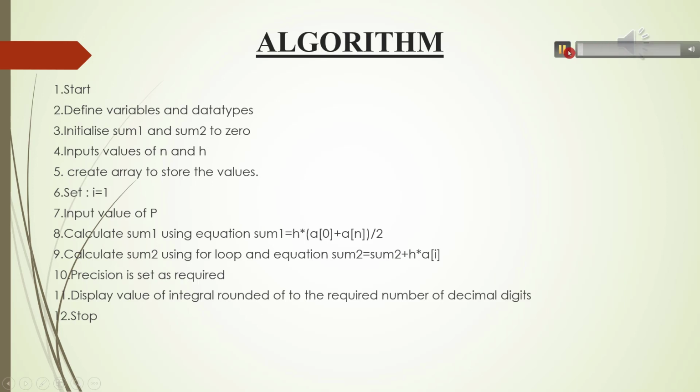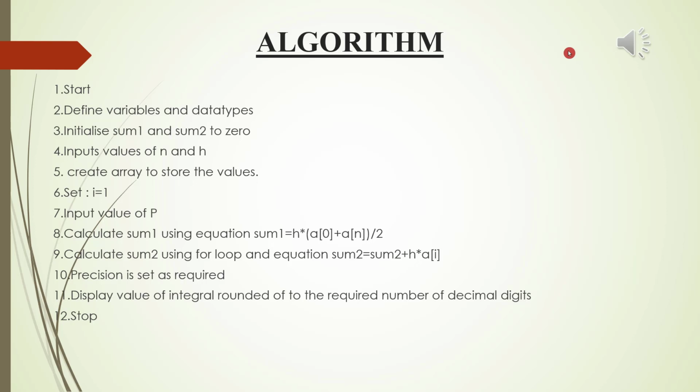Now let us discuss the algorithm of the trapezoidal rule. First, start the program. Then define the variables and data types. Next, the floating values sum1 and sum2 are initialized to 0. Now we can input n and h, where n is the number of subintervals and h is the step size. Creating an array and storing the values using a for loop is the next step.